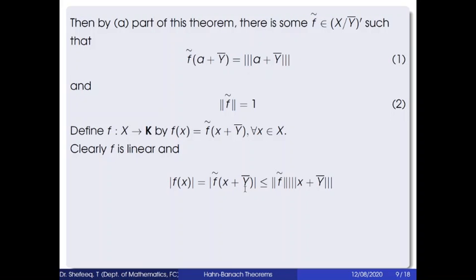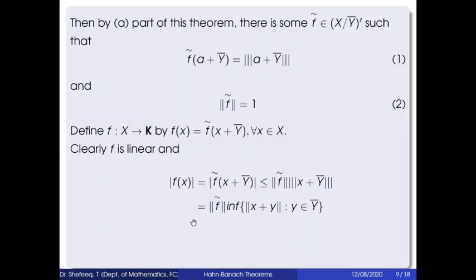Since this x plus Y bar is an element of this quotient space X by Y bar and we take the norm on this as quotient norm, so we have triple norm x plus Y bar here.